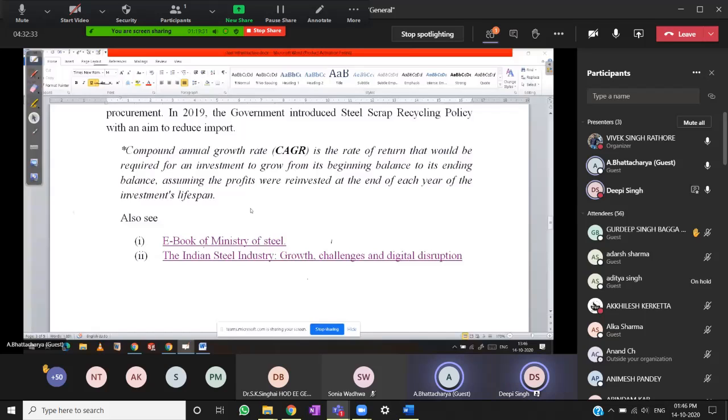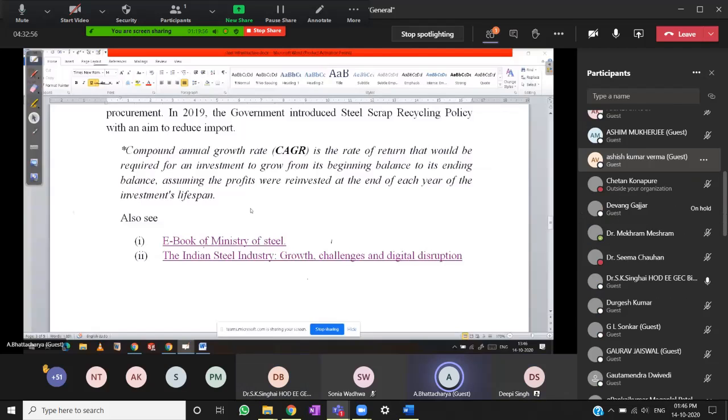That was subsequently separated from SAIL, and it joined NTPC. It is called NSPCL now. That is working under NSPCL, but still sometimes it becomes very difficult to manage.